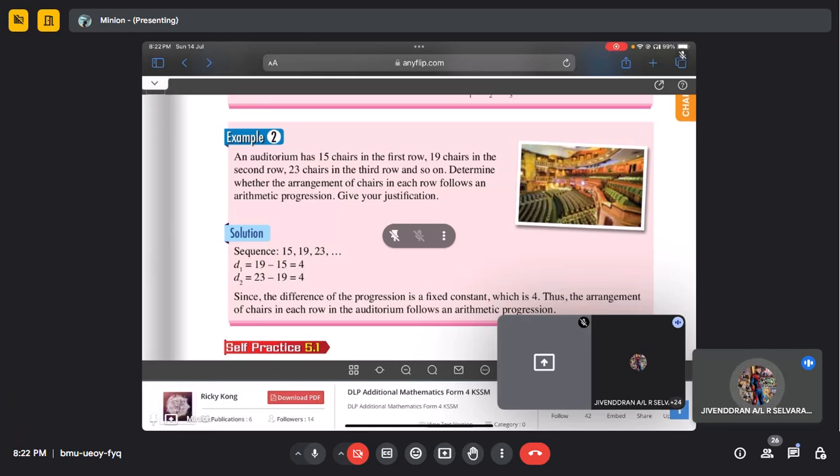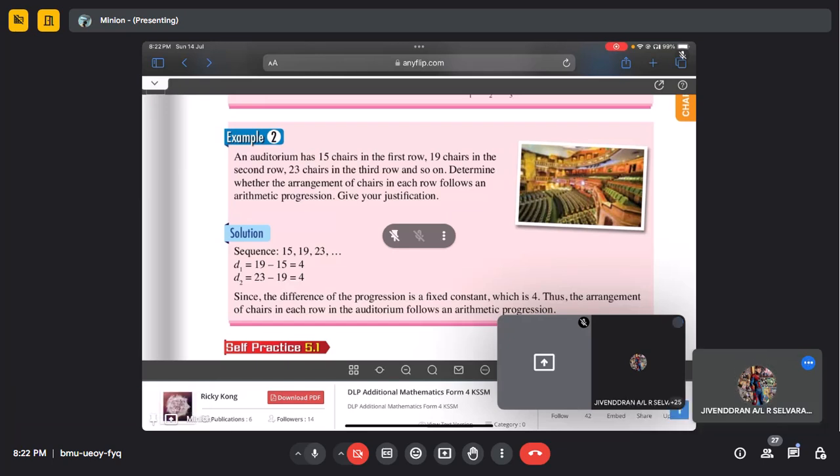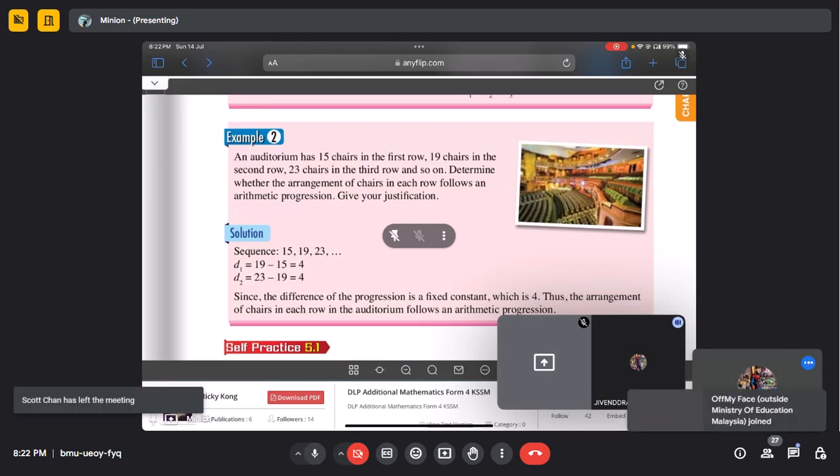To determine if it's an arithmetic progression, you must take one term and minus the term before it. So 19 minus 15 equals 4. Then the third term minus the second term, 23 minus 19, equals 4. Since both differences are the same, the progression is an arithmetic progression.